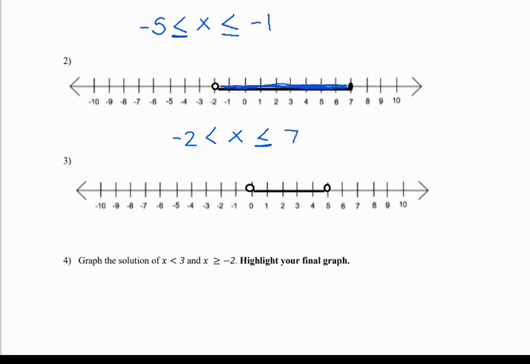Then I'm highlighting things to the right of -5, so X has to be greater than or equal to -5. So that's our example for the first one. So then you try 2 and 3, and I'll come back during crossword times and sort of check in.